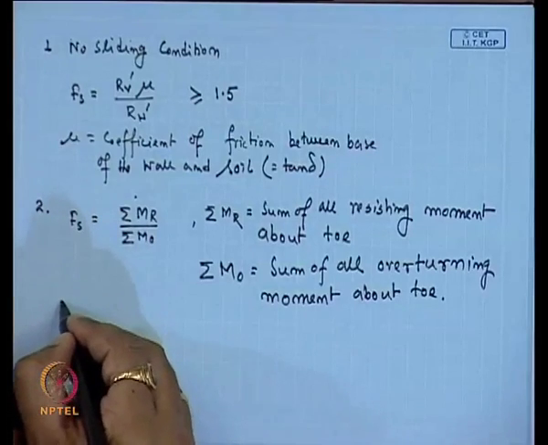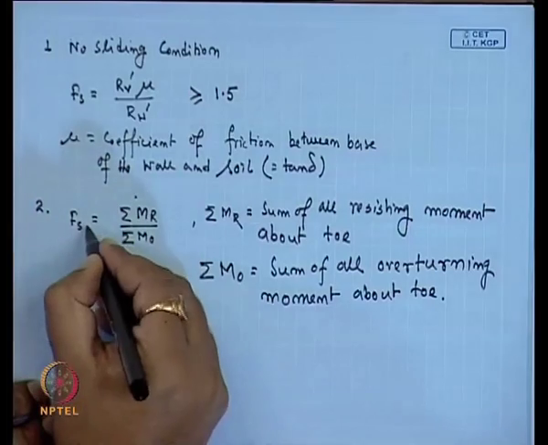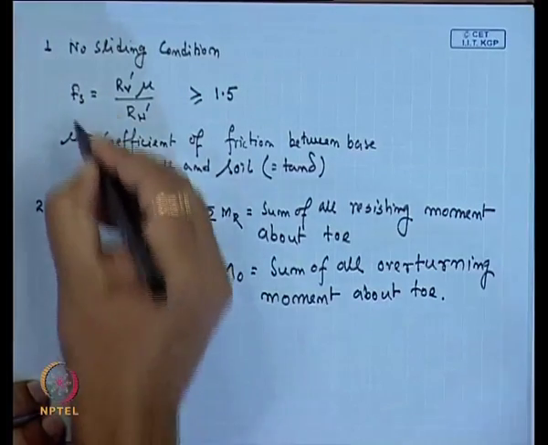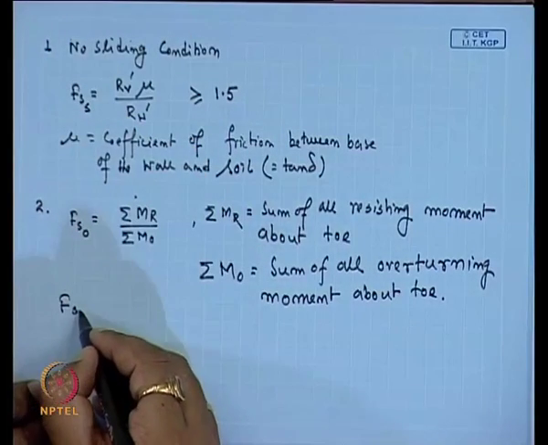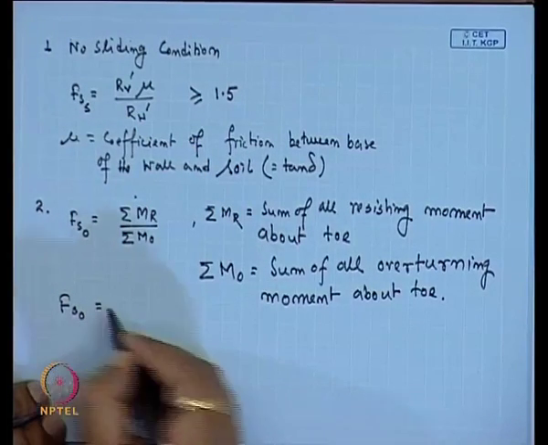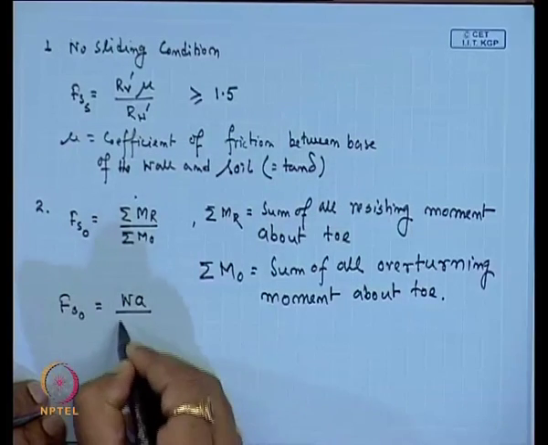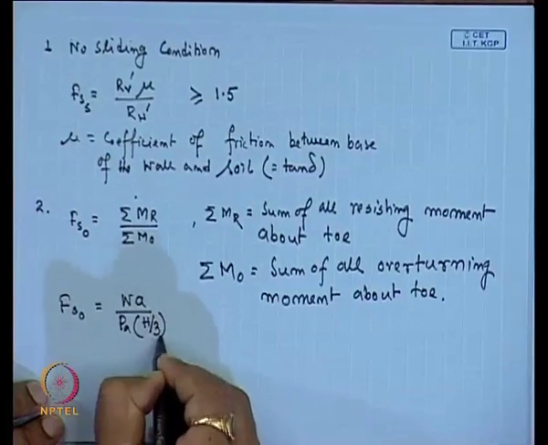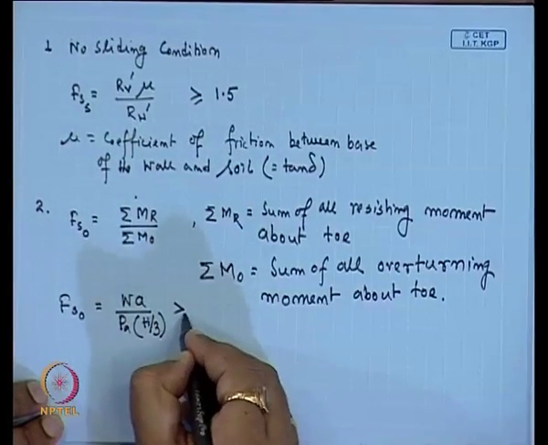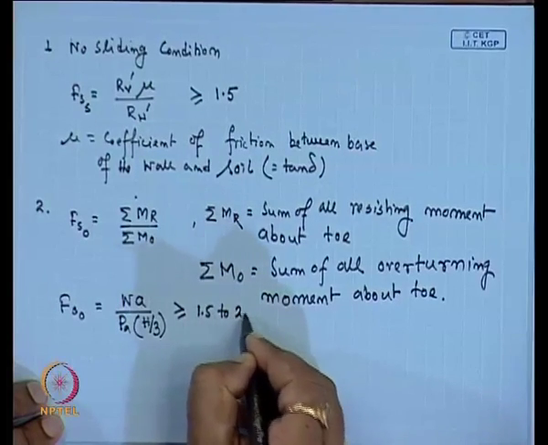So, for this previous case, if I get the factor of safety for overturning F O, or the factor of safety for sliding F S, then F O will be W a divided by P a into h by 3, and that should also be greater than 1.5.